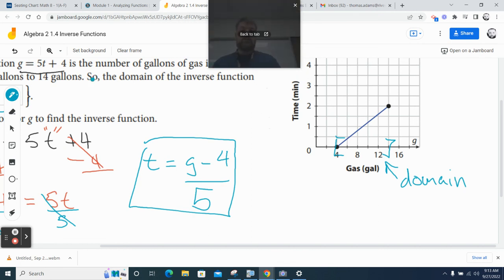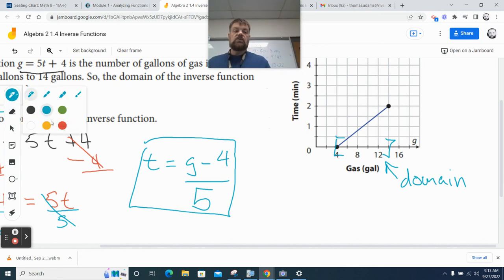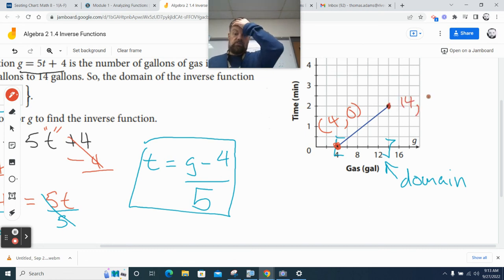So if you're wondering, and I want you to think about this, this point right here is 4 comma 0, and this point right here is 14 comma 2. And so my independent variable is gallons, comma the time in minutes.